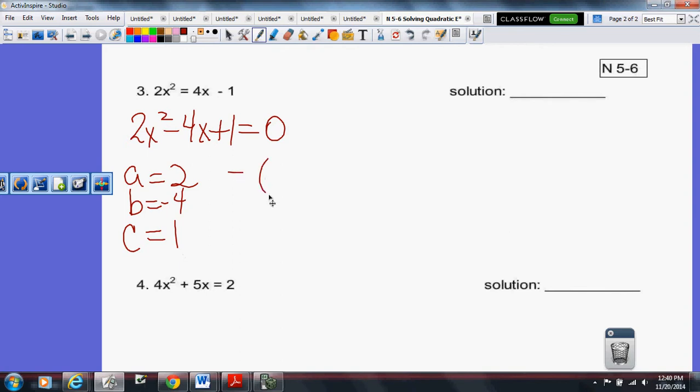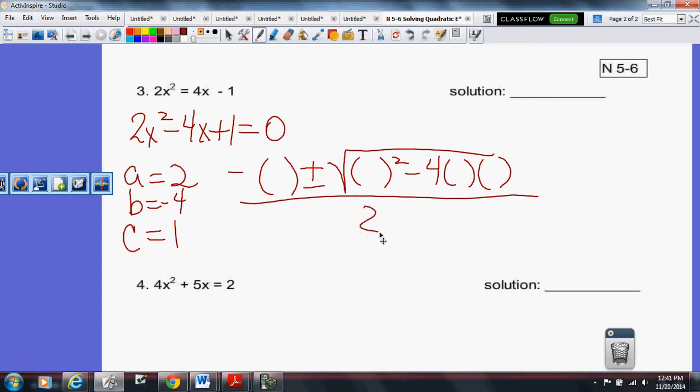So again, I'm going to put my brackets. Okay, so now I'm going to plug in my B values, which is a negative 4. And then I'm going to plug in my A values, which is a 2. And then my C values, which is a 1.